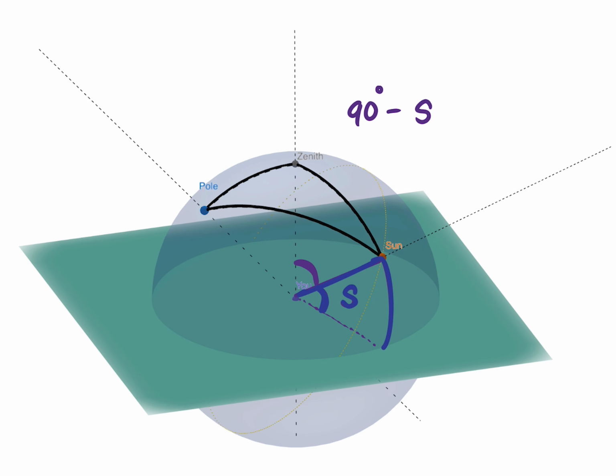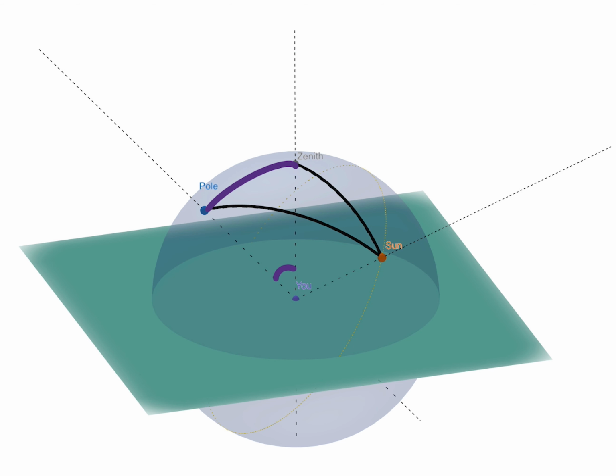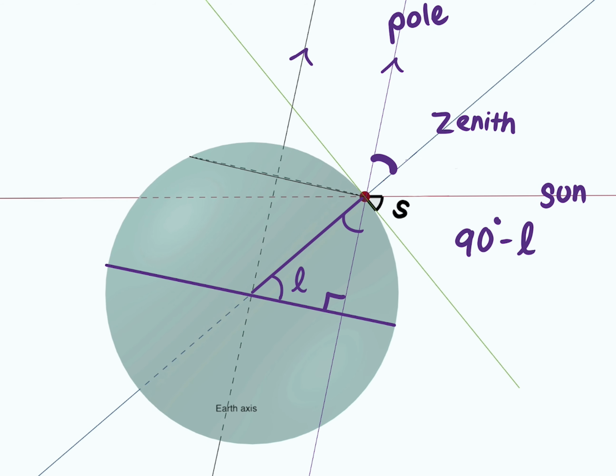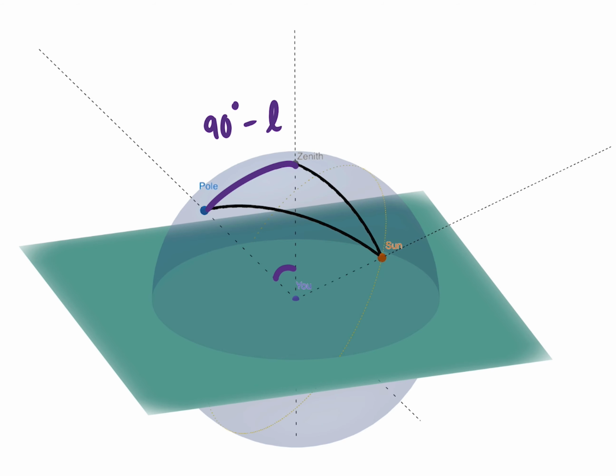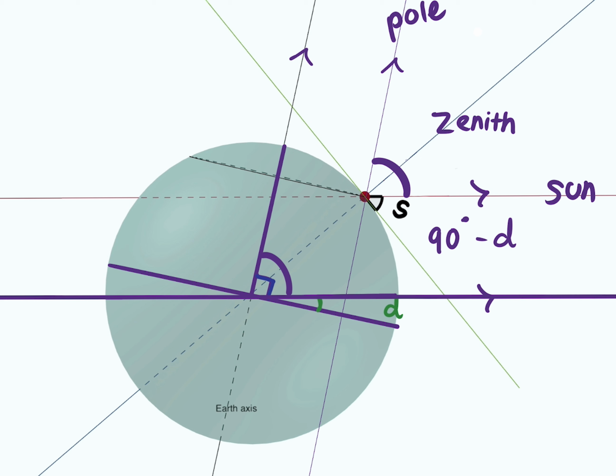C is the arc length between the sun and the zenith, which is the complement of S. A is the length between the pole and the zenith, which is the complement of the latitude. B is the arc length between the pole and the sun, which is the complement of the solar declination.